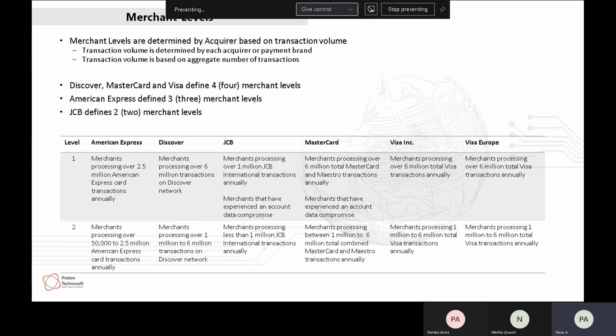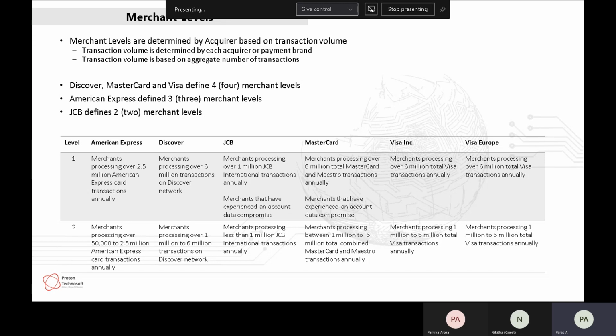For example, a level 1 merchant for American Express is someone who is processing over 2.5 million American Express card transactions annually, which means about 25 lakh transactions, irrespective of the amount. So it is the number of transactions, not the amount.